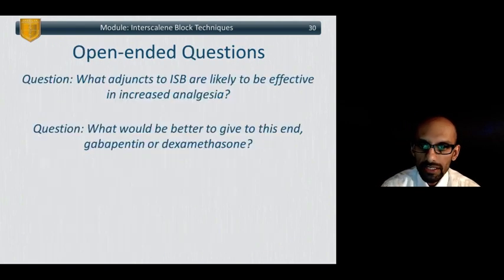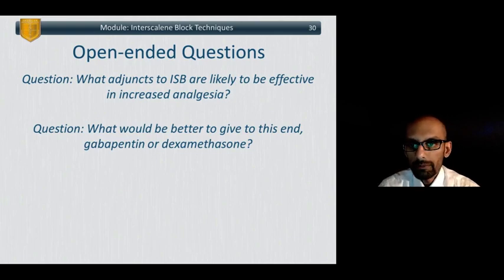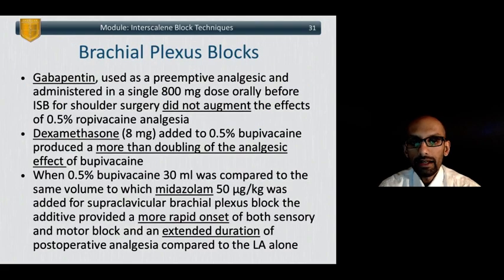So what adjuncts to the interscalene block are likely to be effective in increasing analgesia, and what would be better to give to this end, gabapentin or dexamethasone? Now, it's long been understood that dexamethasone does prove beneficial in augmenting the density of the block and prolonging its duration to some degree. Okay.